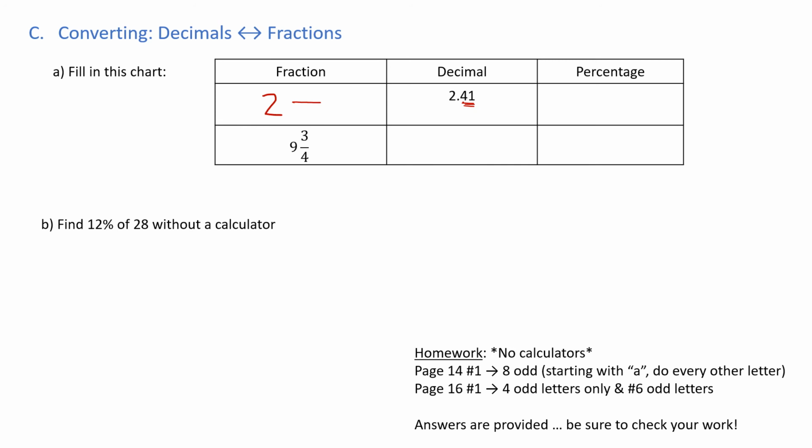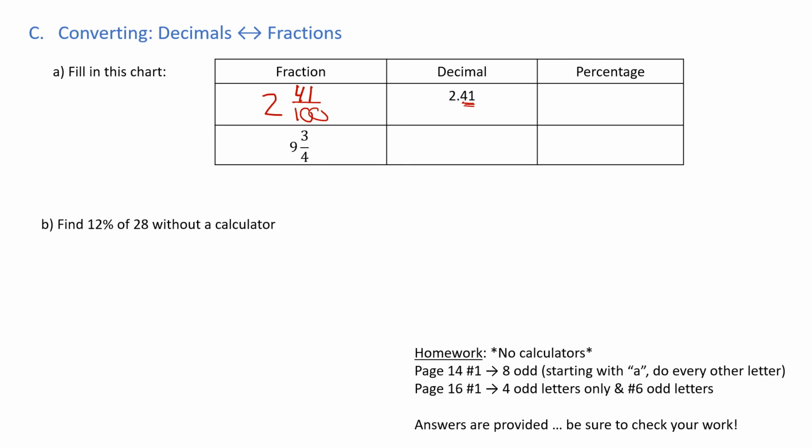I have two decimal places. That means I need a 1 with two zeros there. If I just had a 0.4, it would be over 10. If I had a 0.415, it would be over 1,000. So that's 41 over 100. And 41 over 100, if we could reduce that, we would, but we can't. So we're going to leave that as 41 over 100.